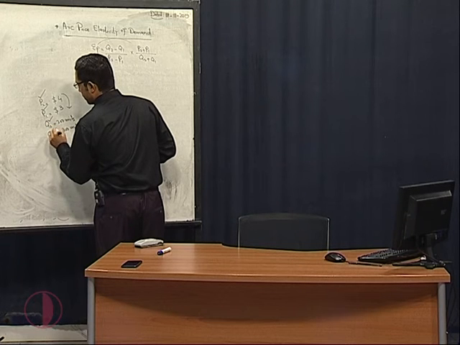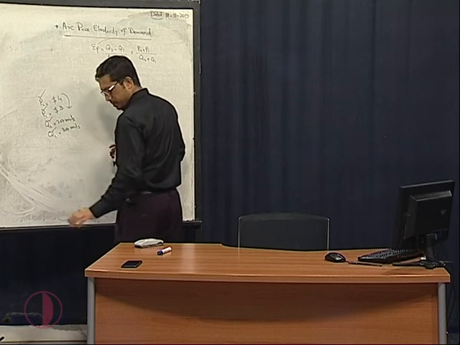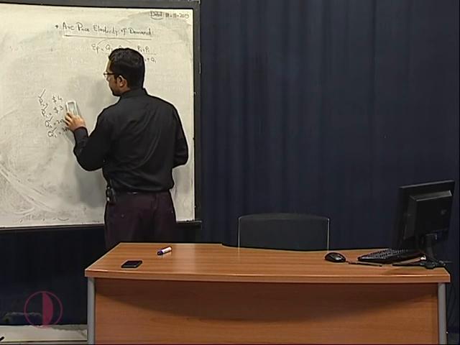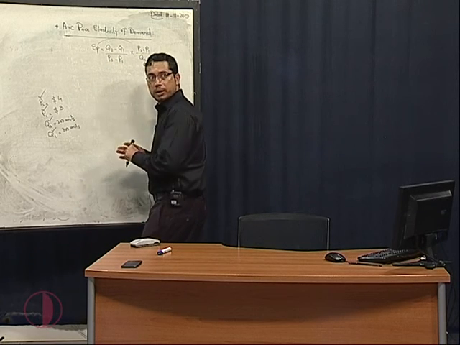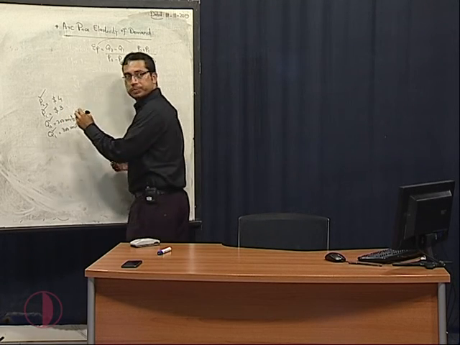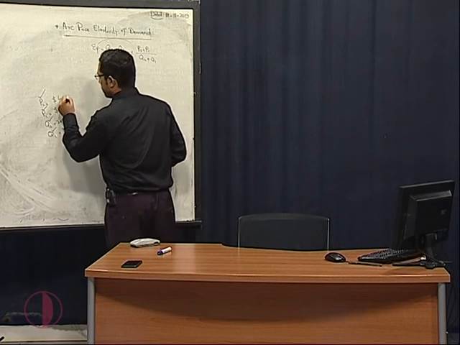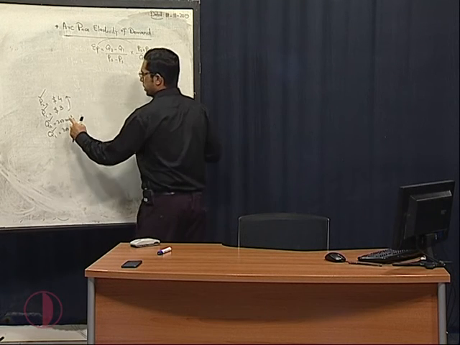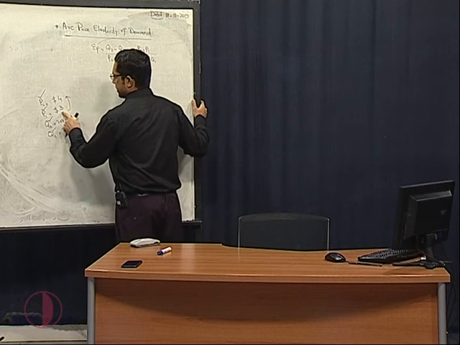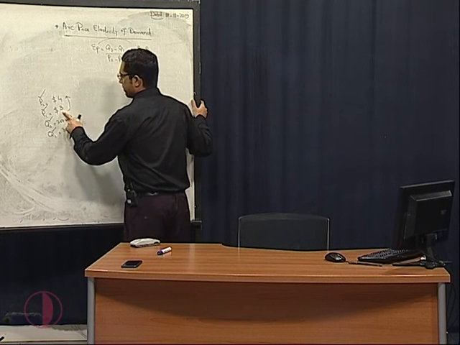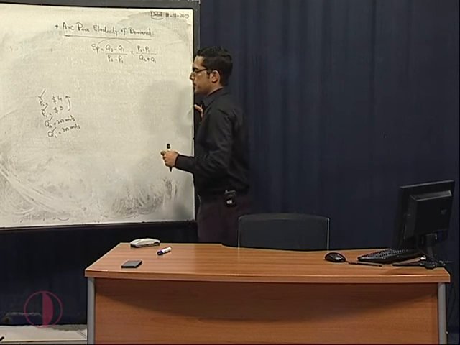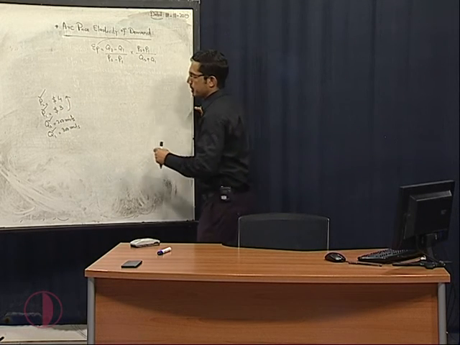This is Q2 and this is Q1. So in this case the price increases from 3 to 4. P1 is $3, which is the original price. P2 is $4, which is the new price.